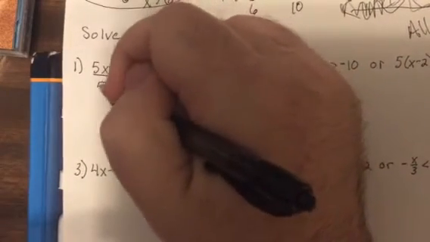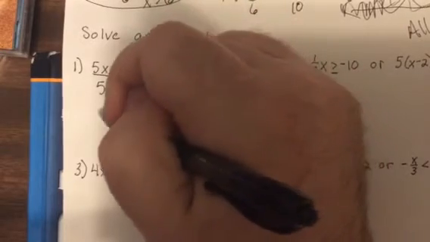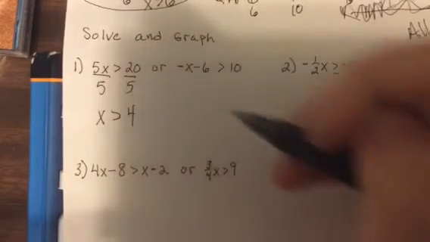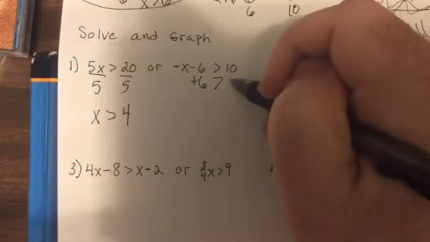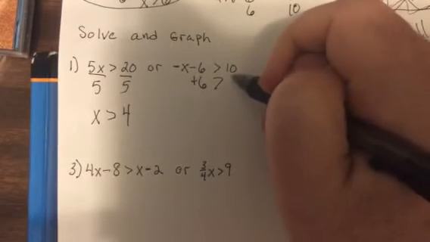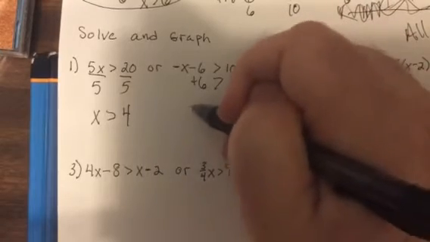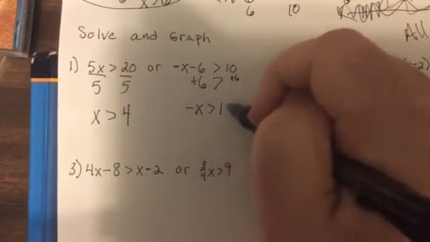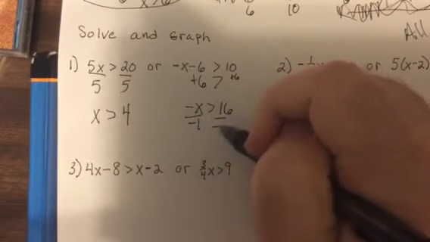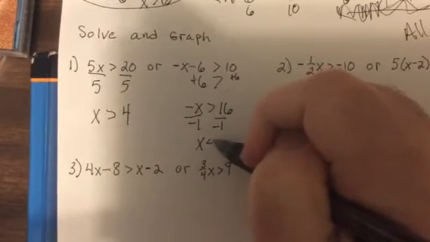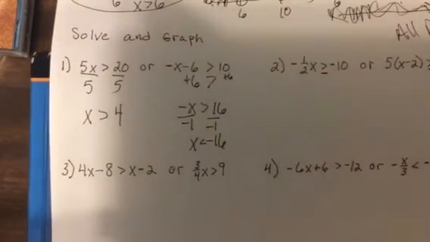So here, divide both sides by 5. So x is greater than 4. This one adds 6. So that would be negative x is greater than 16. Then take the opposite of both sides. So x is less than negative 16.